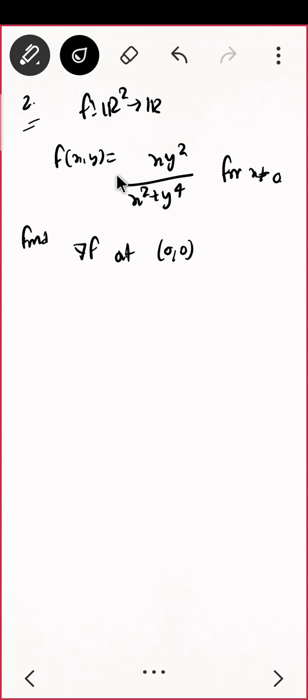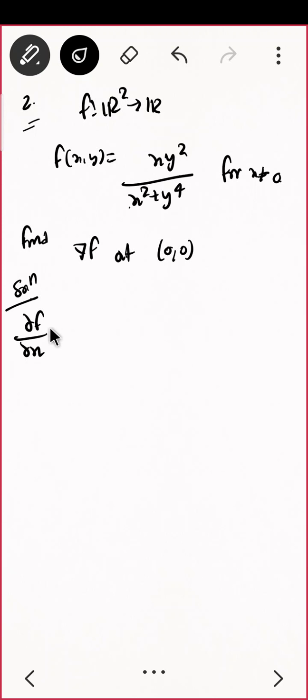Do you see, if you try to solve this with your u by v rule, that will be quite lengthy, but if you go with the formula method, then it will be easy, correct? Anyway, the choice is yours. I can just give you a suggestion. If you go for fx, then you have to take u by v and do that. But better you use this. Dou f by dou x.